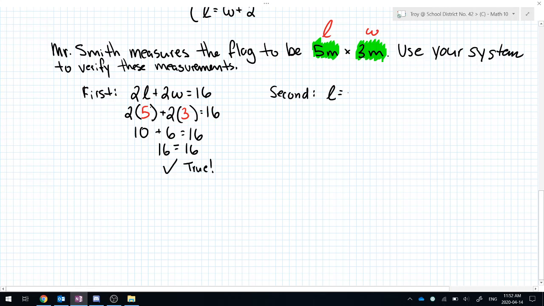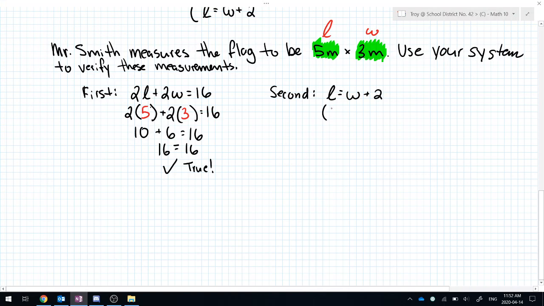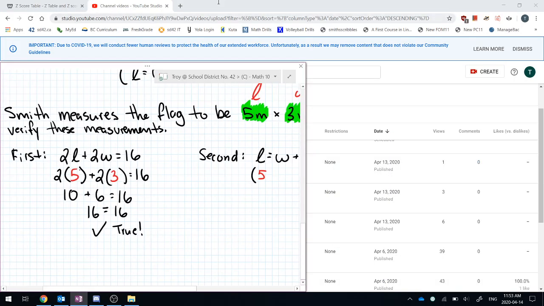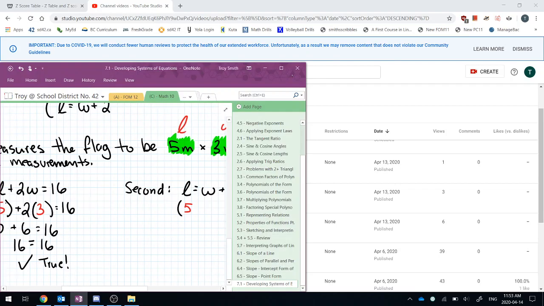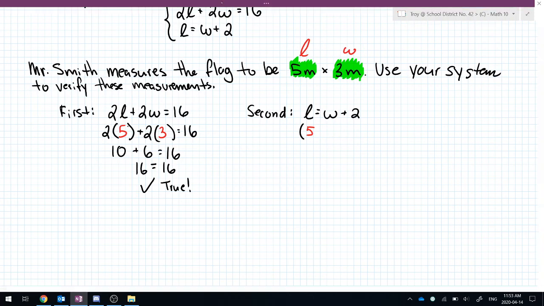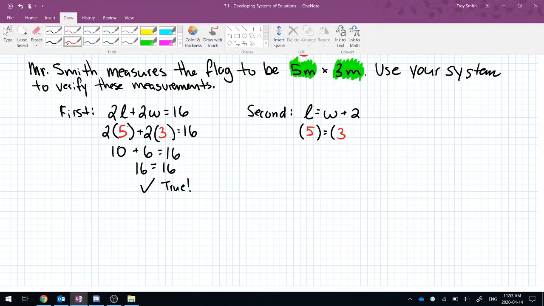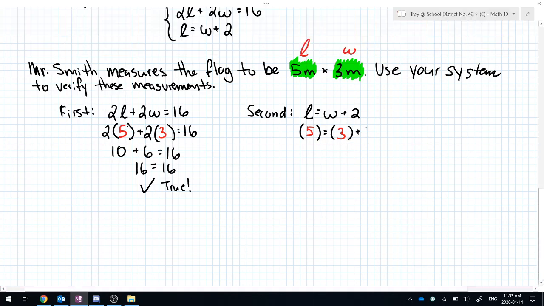L equals W plus 2. So again, make the substitution. L is 5. And W is 3. So we have 5 on the left, and on the right we have 3 plus 2, also 5.